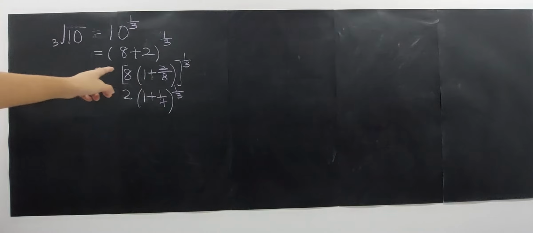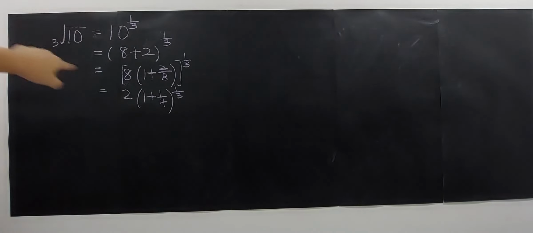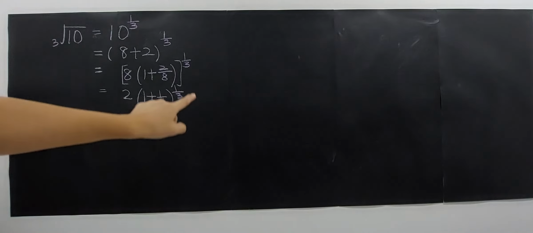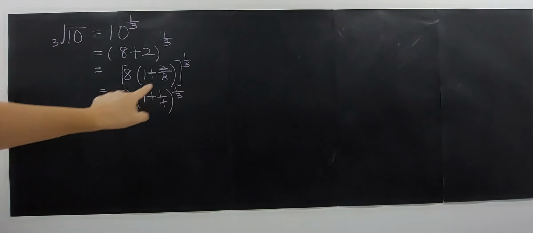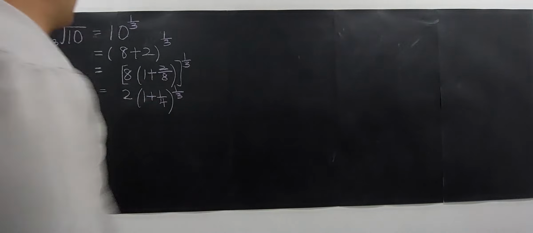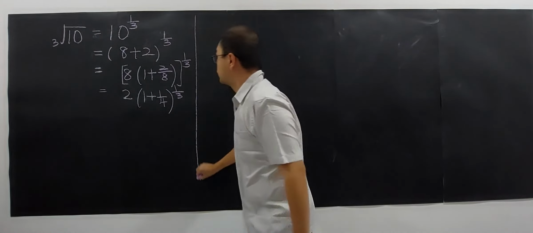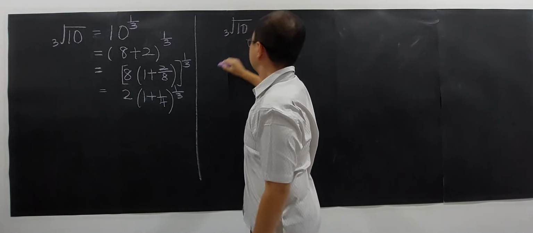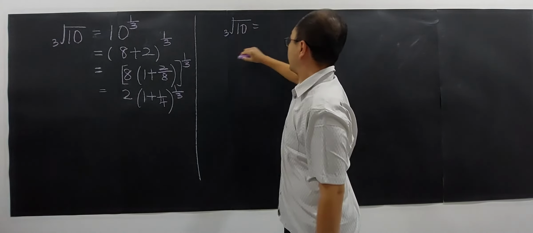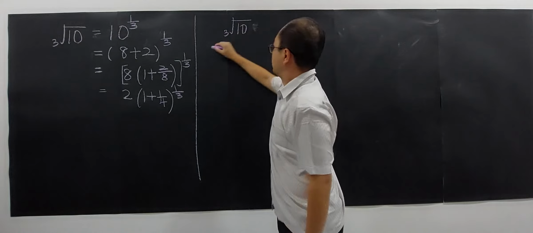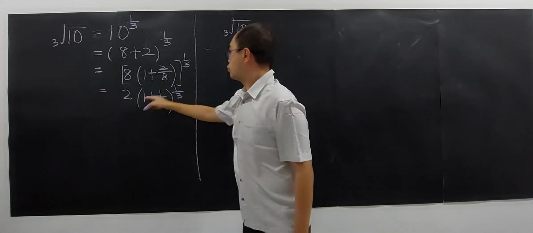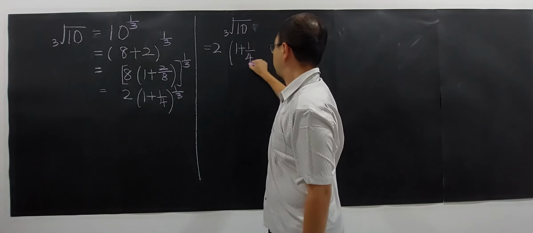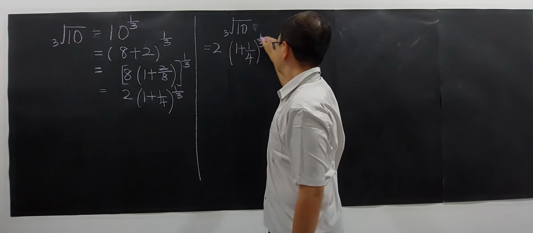You see carefully, I've already rewritten this in this form so that I can use binomial expansion by expanding the bracket here. So let's see how I expand. This means that the cube root of 10 I can rewrite as 2 multiplied by 1 plus 1 over 4 to the power of 1 over 3.